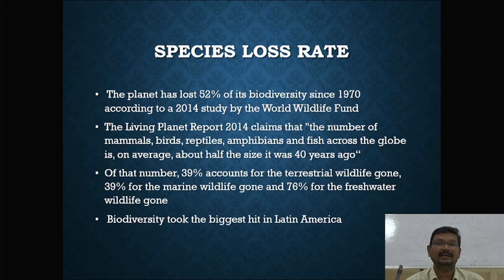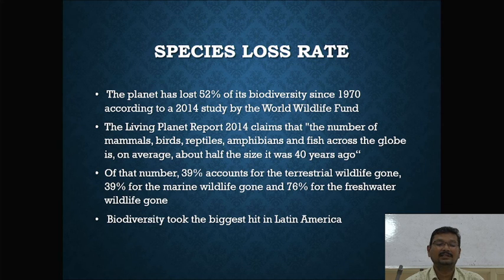Species loss rate. The planet has lost 52% of its biodiversity since 1970 according to a 2014 study by the World Wide Fund. The Living Planet Report 2014 claims that the number of mammals, birds, reptiles, amphibians, crustaceans, molluscs, arthropods, chordates across the globe on average is about half the size it was 40 years ago.